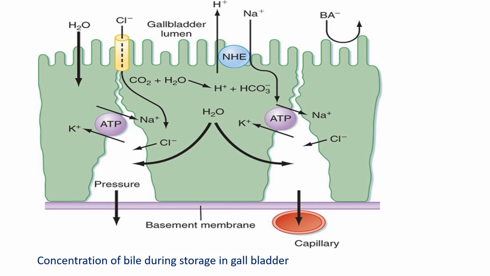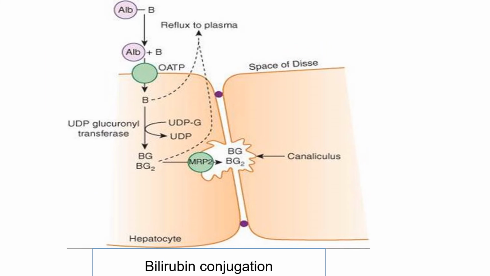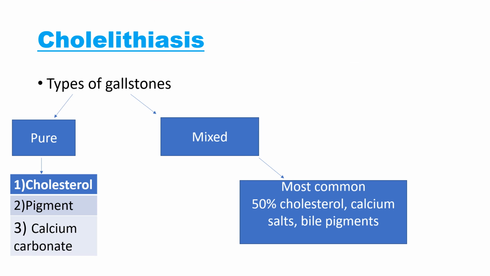This is the concentration of bile while stored in the gallbladder. So water is getting inside and the bile is concentrated. Sodium is also coming inside, hydrogen is going outside, as well as chloride is coming inside via these channels and pump. This is the bilirubin conjugation.